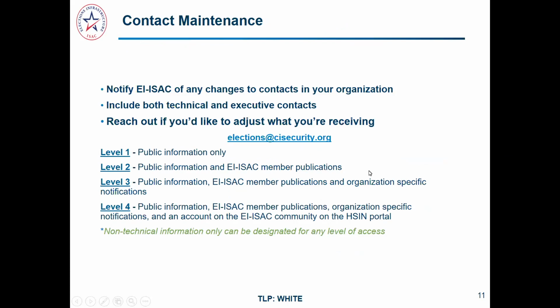If you have an IT director or an information security officer, or, for those of you from smaller entities, a contractor you work with, we very much encourage you to add those individuals to your account. You can just reach out to us at elections@cisecurity.org, and you can send the technical information to them so it's not clogging up your inbox.